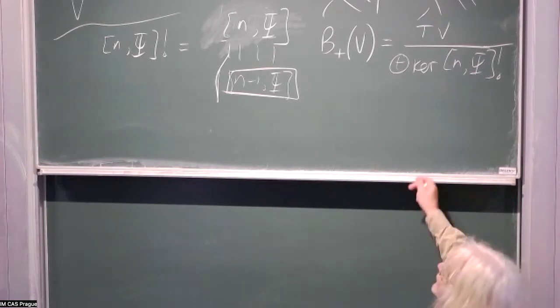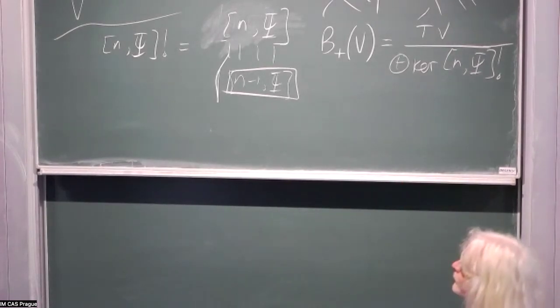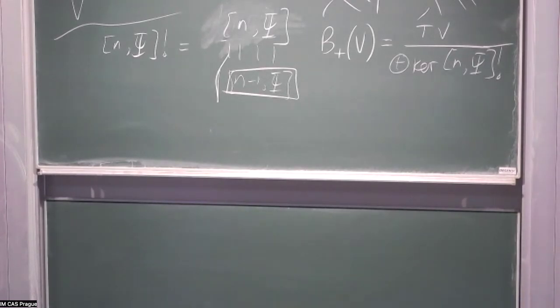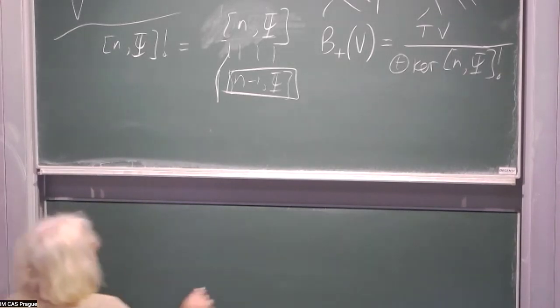I now need to say a bit about how to put a star structure on these things. Now, for lots of definitions in mathematics, you can be quite careless about the distinction between modules and conjugate modules.